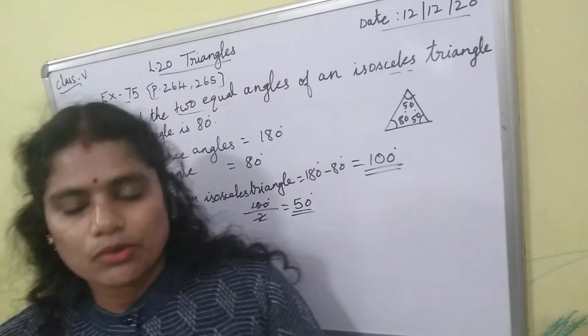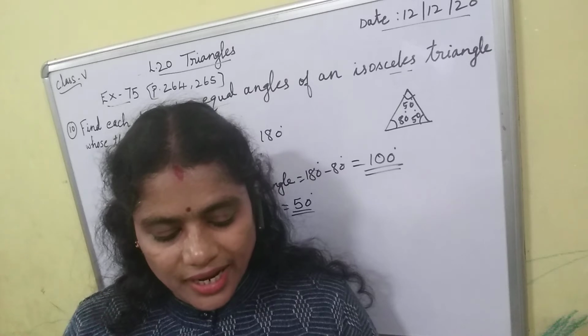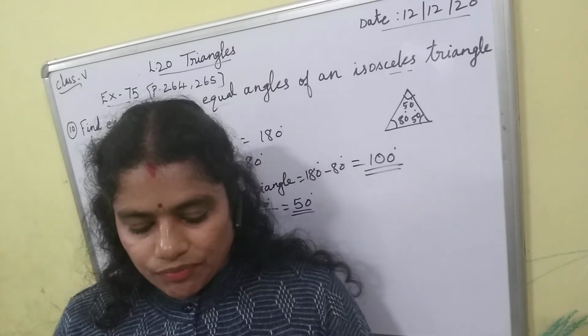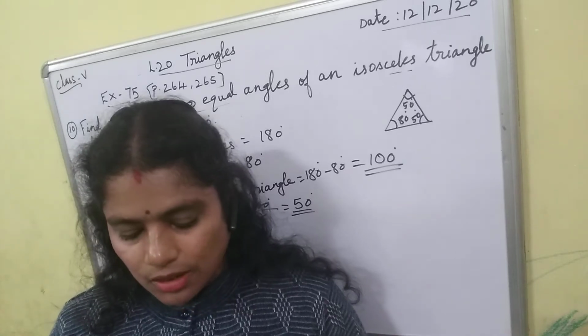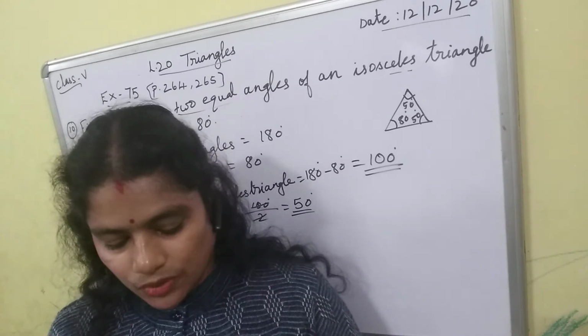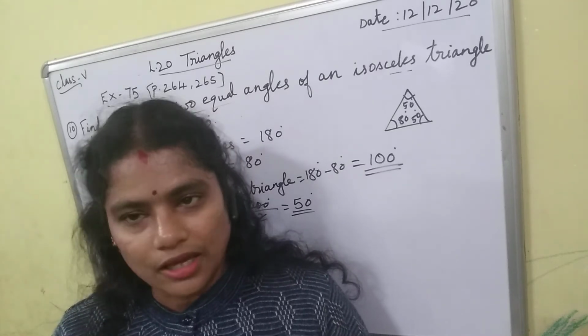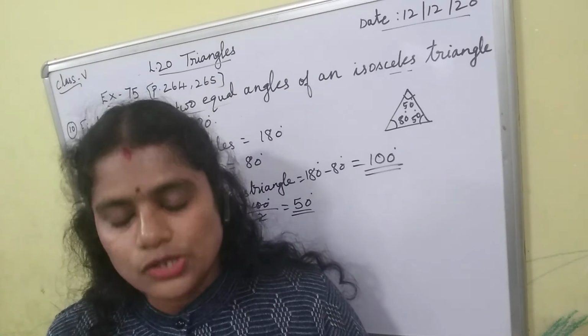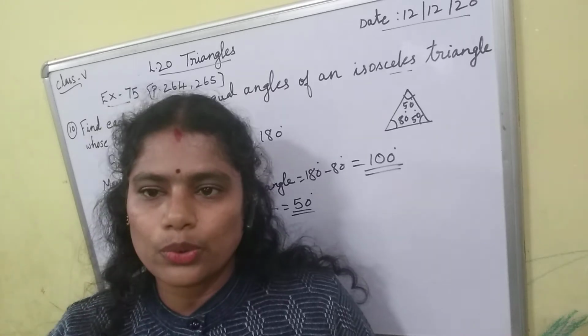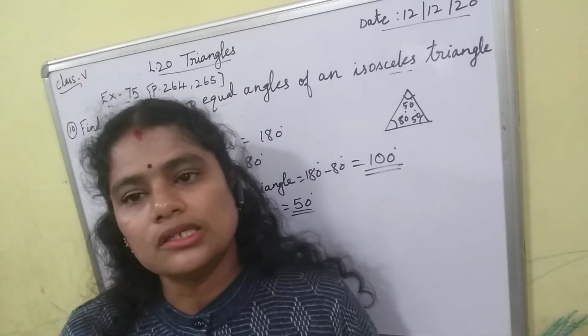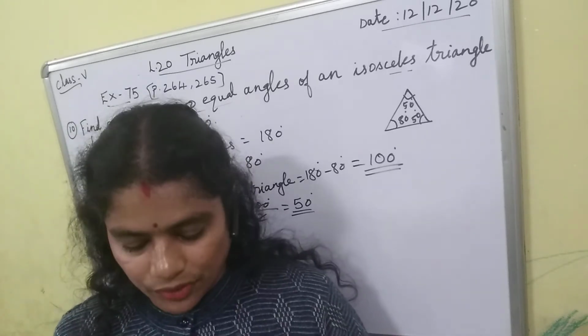Dear children, from the book, question number 11, fill in the blanks with equilateral, isosceles or scalene. We know equilateral means all three sides are equal, isosceles means two are equal, and scalene means all three are different.